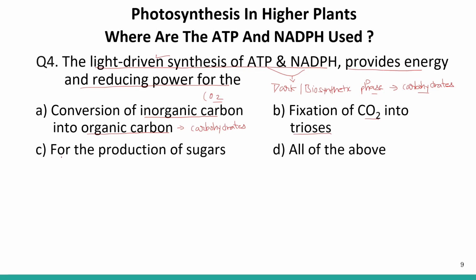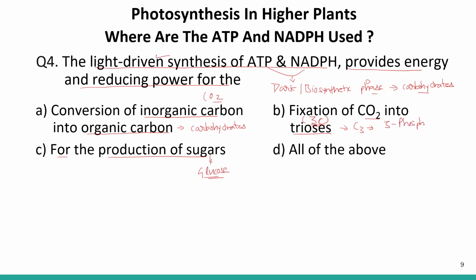Third option is for the production of sugars, means carbohydrates such as glucose. You can say glucose is produced. Alright. And what happens in the C3 cycle? Trioses are produced. Trioses means a 3 carbon, any organic compound with 3 carbon. Okay. So during the C3 cycle, what is formed?